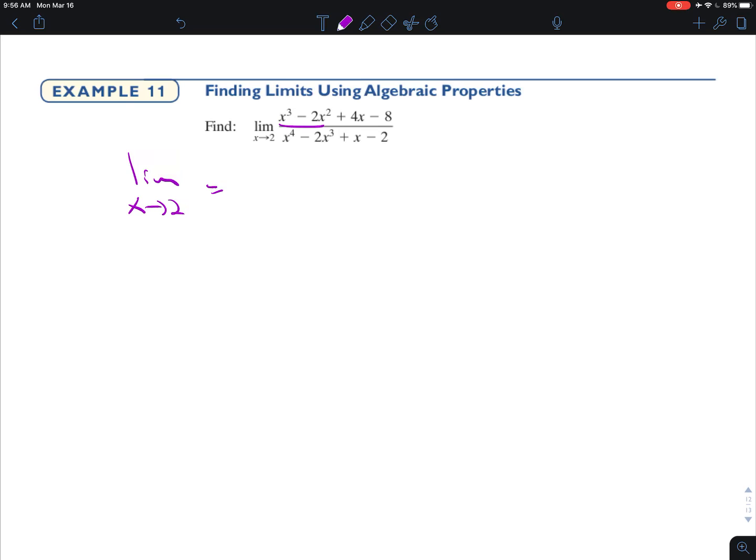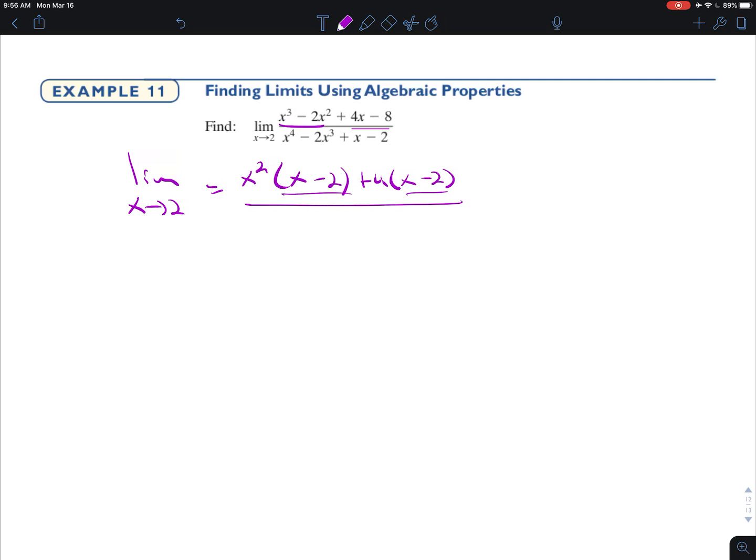Looking at the first 2 terms in the numerator, I can factor out x squared and I'm left with x minus 2. I can factor out a 4 and I'm left with x minus 2 from the second 2 terms. And that's not a coincidence.